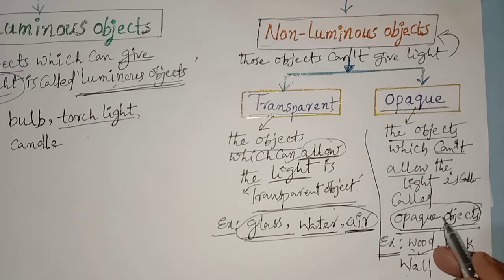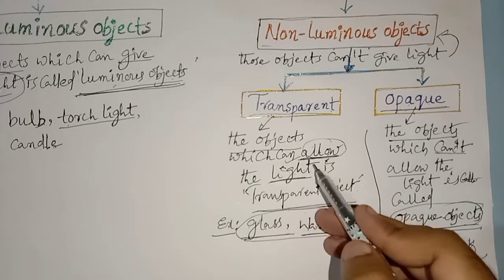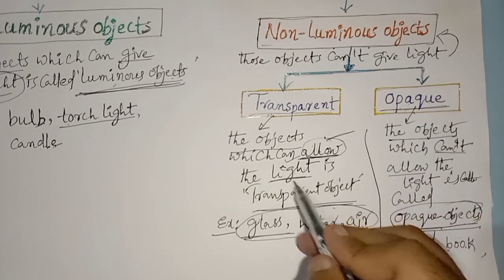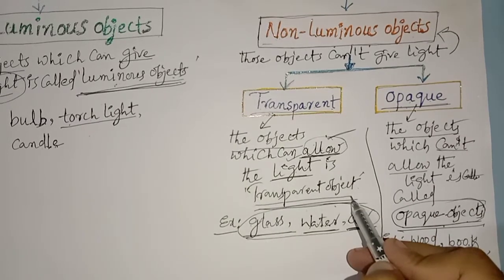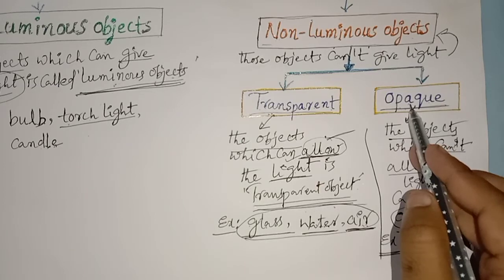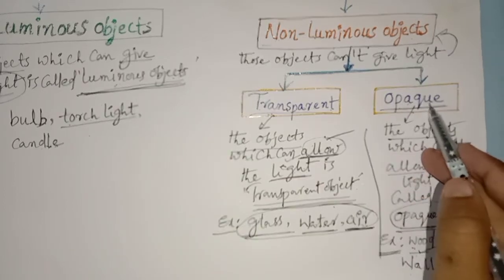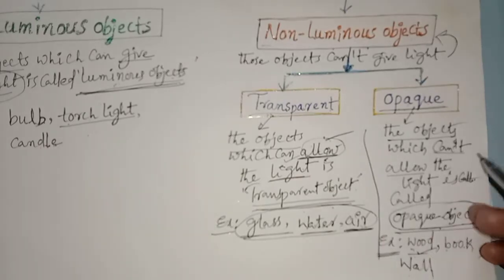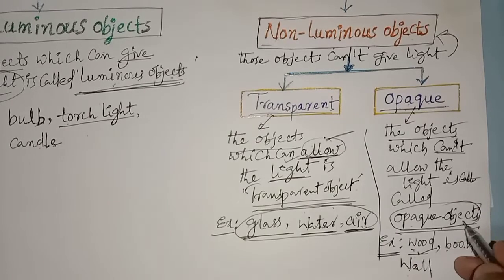So remember, the objects which can allow the light are called transparent objects, and those objects which can't allow the light are called opaque objects.